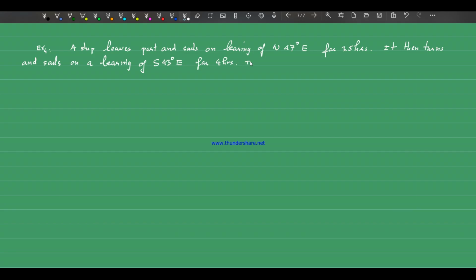If the ship's speed is 22 knots, find the distance that the ship is from the port.